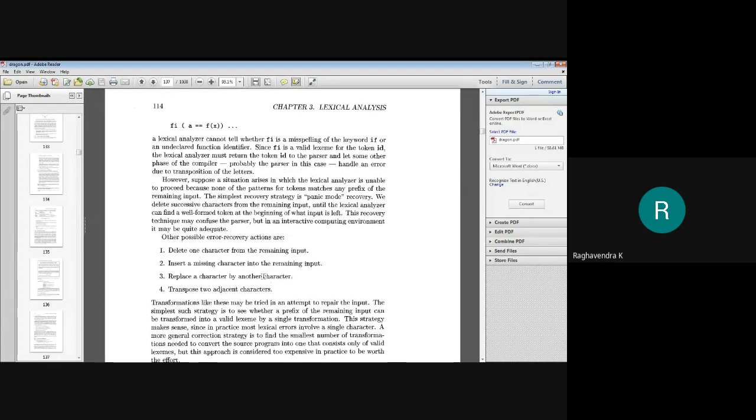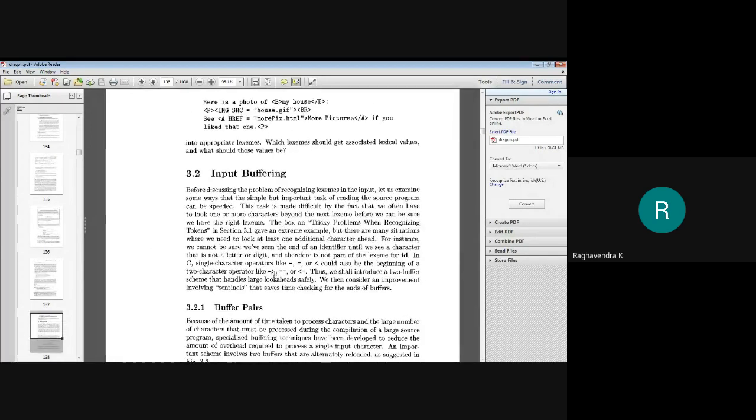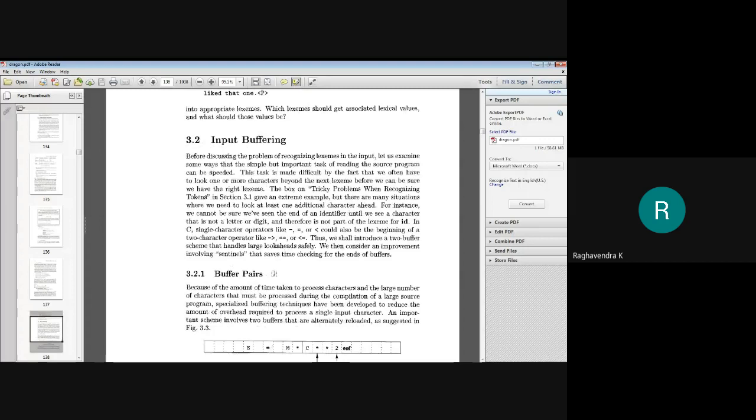And the other possible recovery actions are that they can delete one character from the input, insert a missing character, replace a character, or transpose two adjacent characters. So these are some of the strategies that the lexical analyzer can actually take. We also talked about the input buffering scheme, where two buffers of size n are used, and they are loaded alternately, which actually saves us the time of reading the source program.